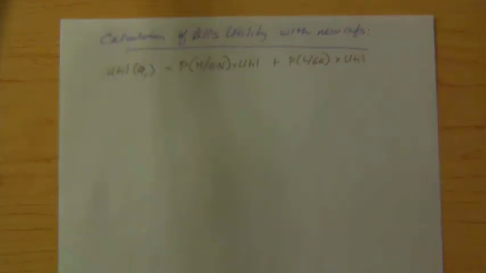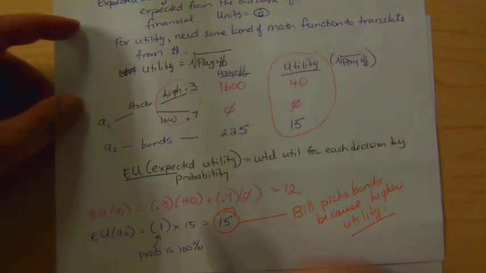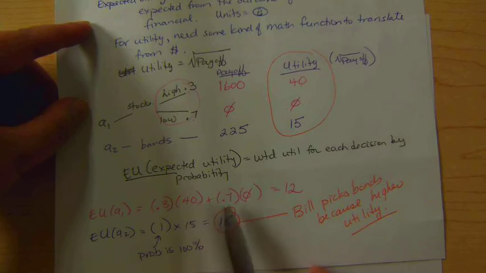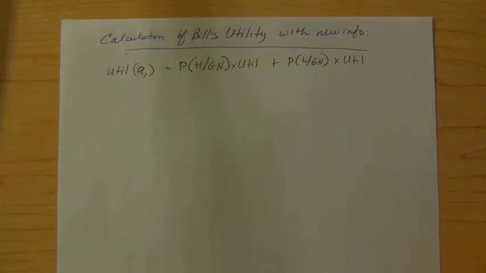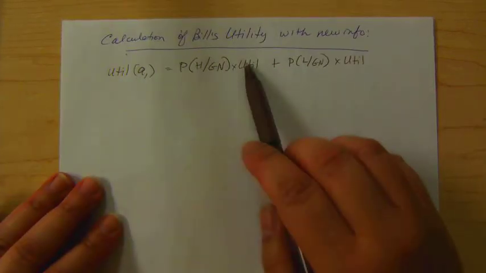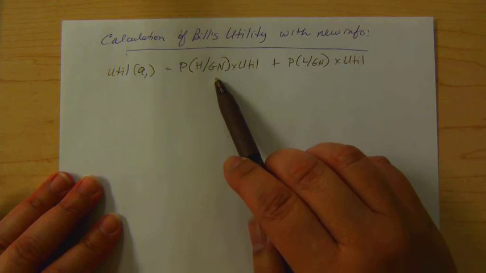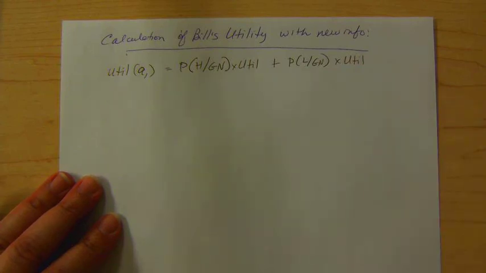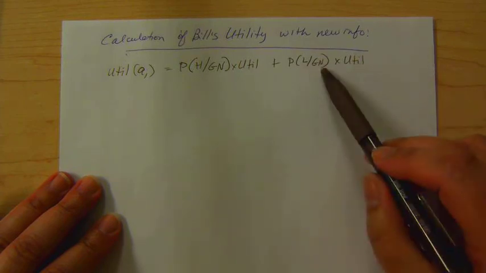So the only thing that's changed in this formula from this last page, if I can just put it up for a sec, notice we did high utility, low utility. Now it's high utility, but good news has already happened, so we had to calculate the revised probability using Bayes' theorem. And then low given good news with utility.